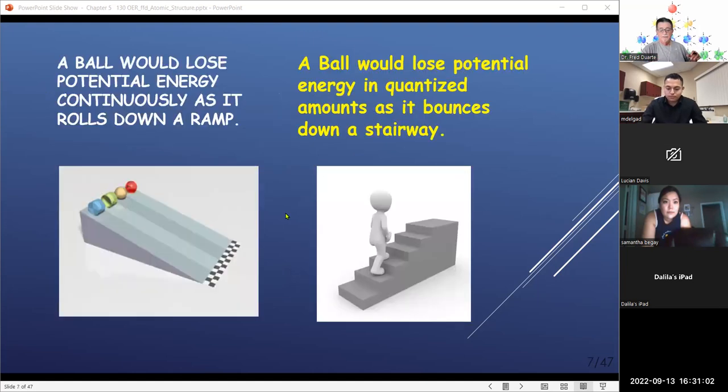Now, before I go further, if we look at the wedge at the left, that will represent continuous energy, okay? If we look at the stair step, this is what Planck was proposing. Now, down at the bottom step is what we call the ground state. All molecules have a ground state, okay? And when matter absorbs energy or even gives off energy, it gives it off with a specific amount of energy that could be represented by the first step.